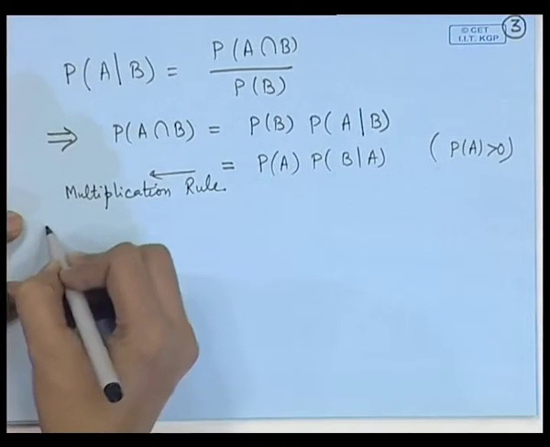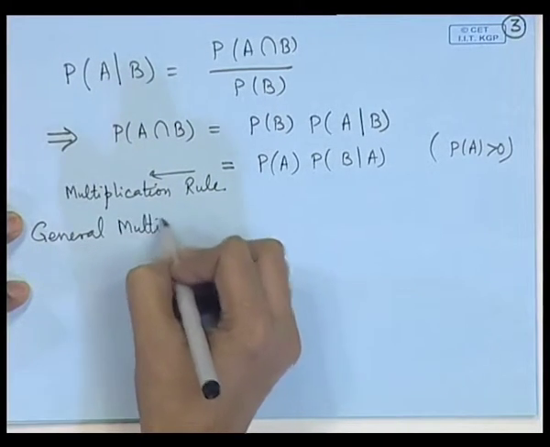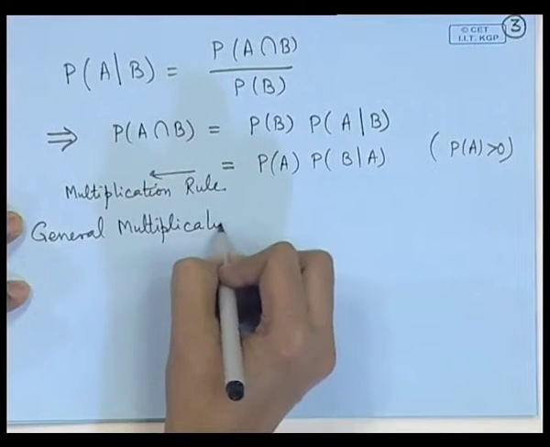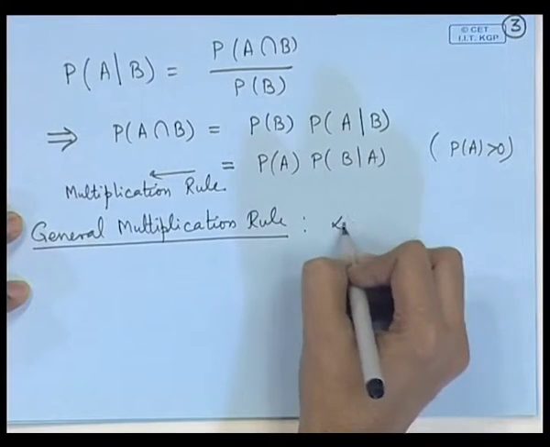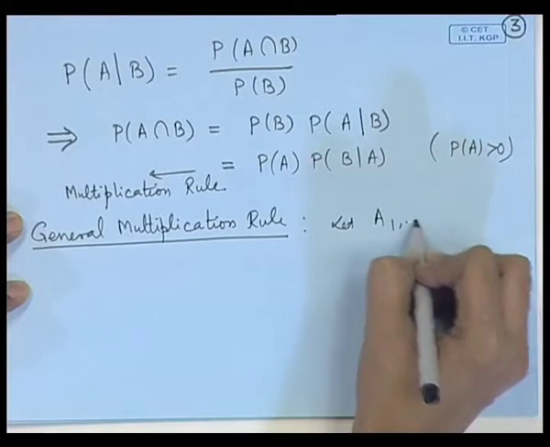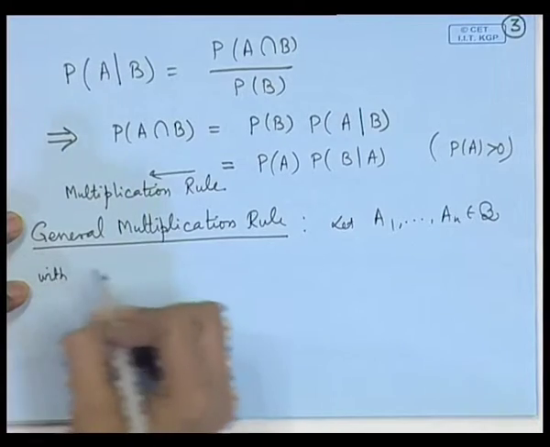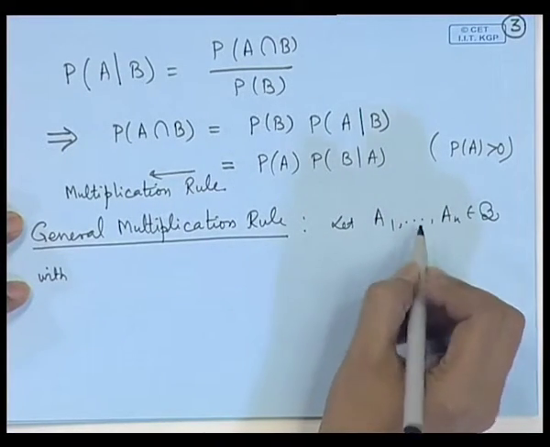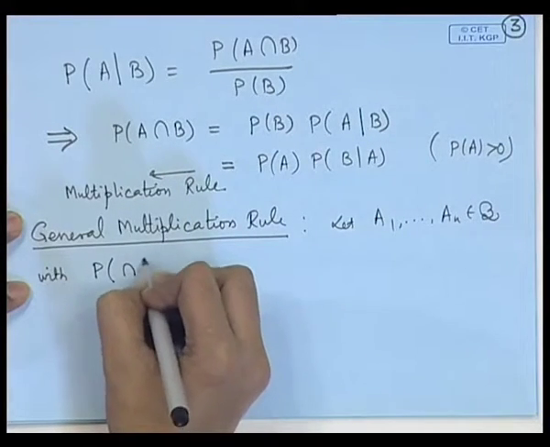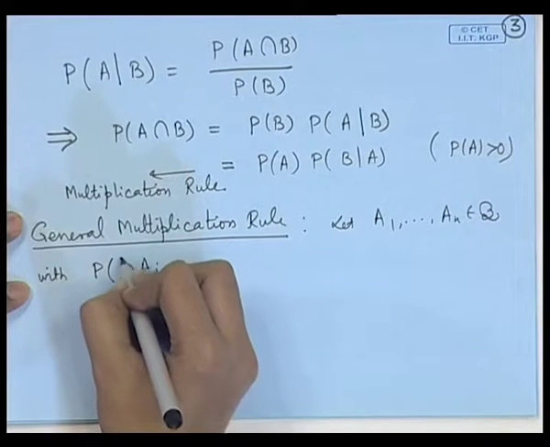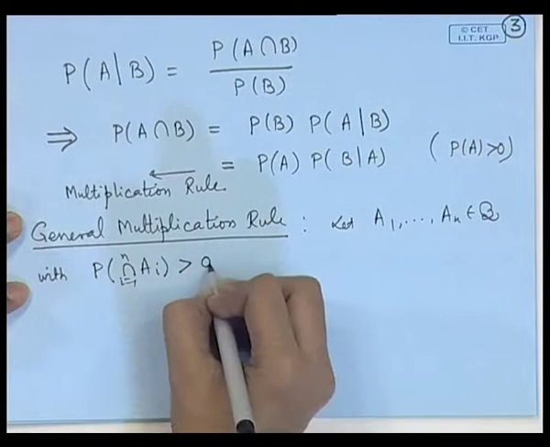So, the general multiplication rule is: let us consider events A 1, A 2, ..., A n. Now, in order to define the conditional probabilities, the probabilities must be positive. So, we can take the smallest event which may occur in the definition, and consider the probability of that to be positive.